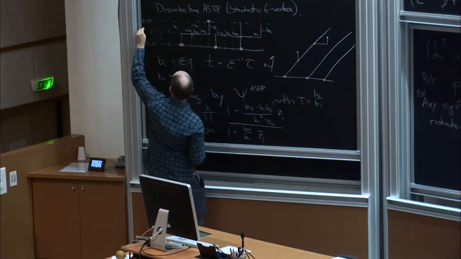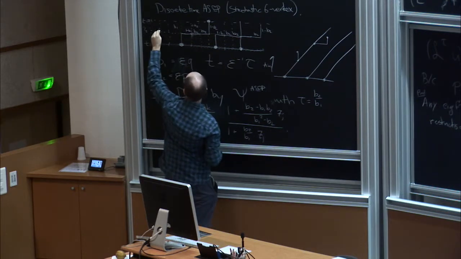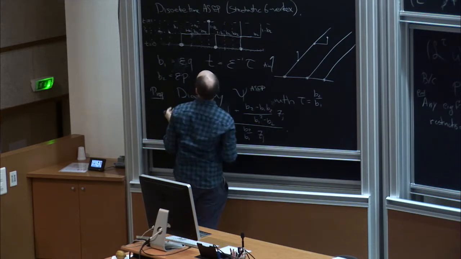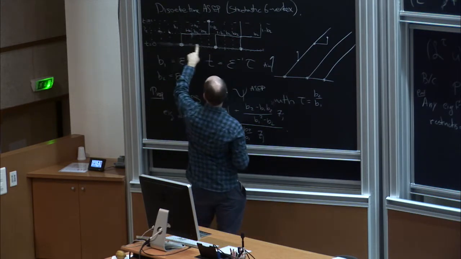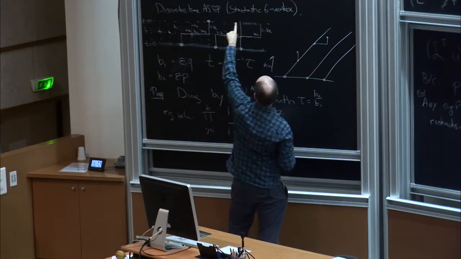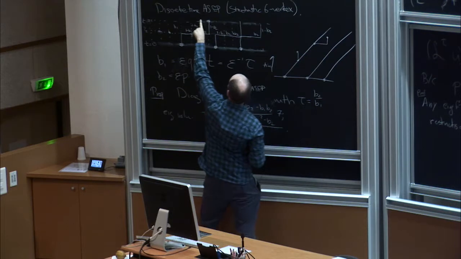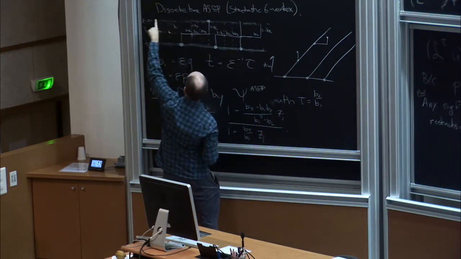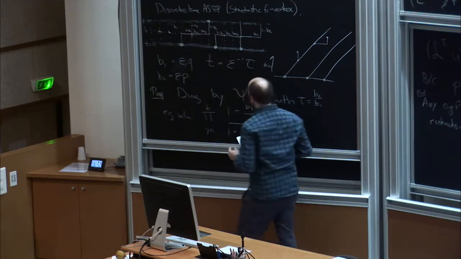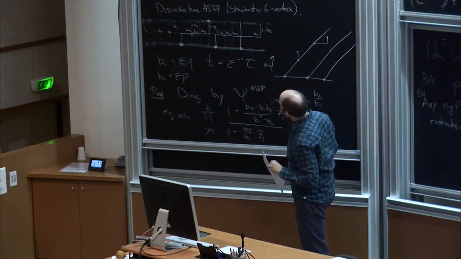Now, at my half-integer times, I think of these points as being my vertices. So I'm actually going to erase this line and this line, and I'm going to look at the evolution of these particles according to the same rules.